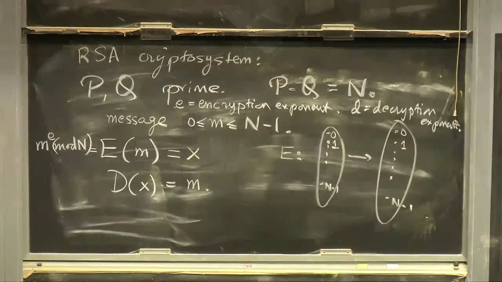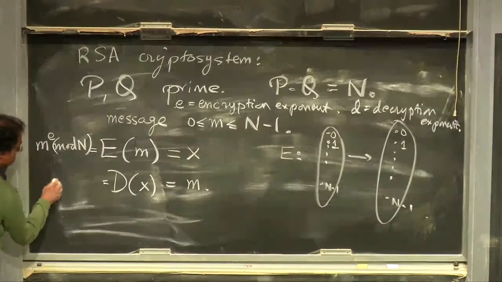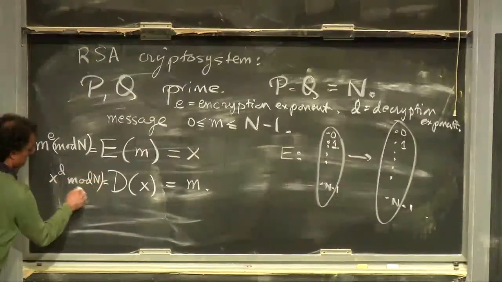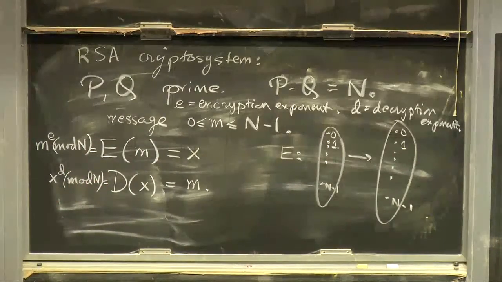Okay? And D of X is X raised to the power of D mod N. Okay, that's what it is.